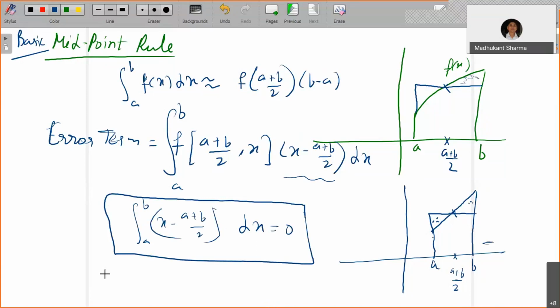Then in totality, I'm going to give you the final expression for the error term: after including one more point, f[c, (a plus b) by 2, x], and using the recurrence relation, you can show that this is f second derivative at eta by 24 times (b minus a) cube.